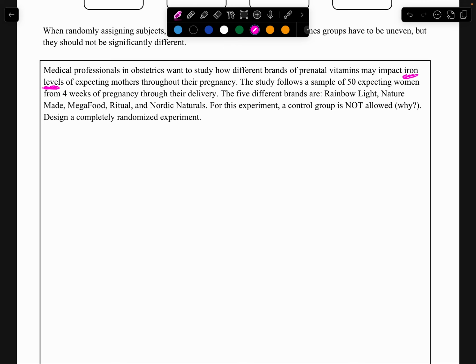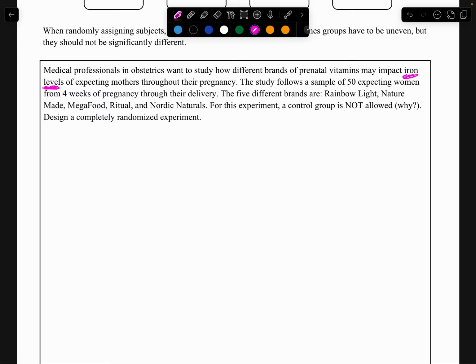So 9 months of pregnancy, 36 weeks, what's typical. The mothers are going to get some different prenatal vitamins before the baby's born, and we're going to study which vitamins help their iron levels to become better in their blood.